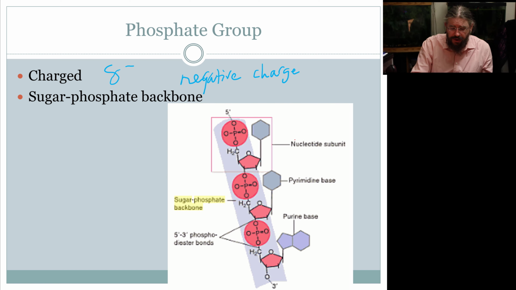Okay, so the sugar phosphate backbone is what forms when you have the bonds that hold nucleotides together. Why is it called the sugar phosphate backbone? Simply because it's literally phosphates holding together sugars.